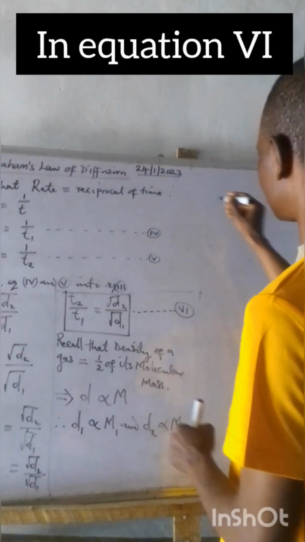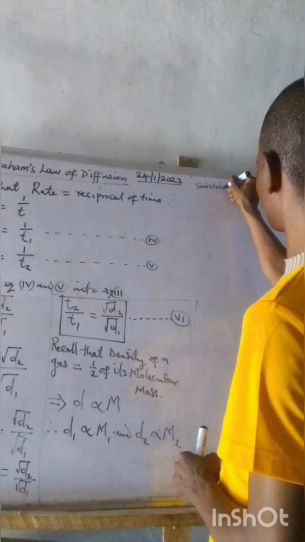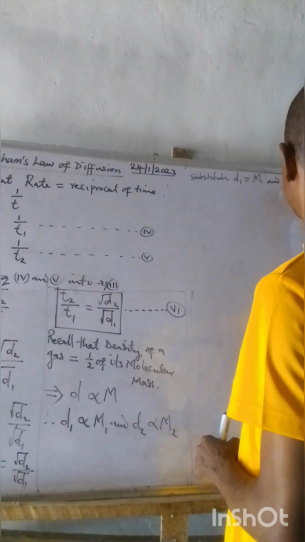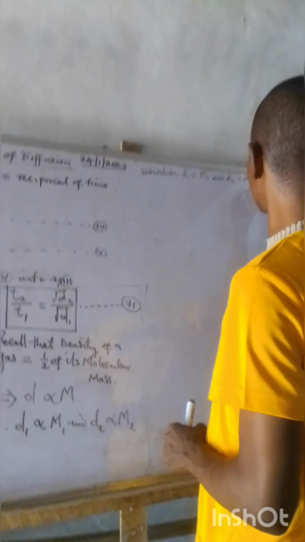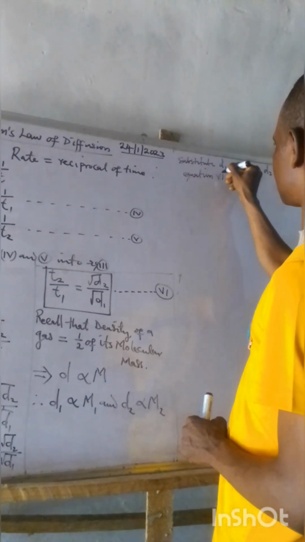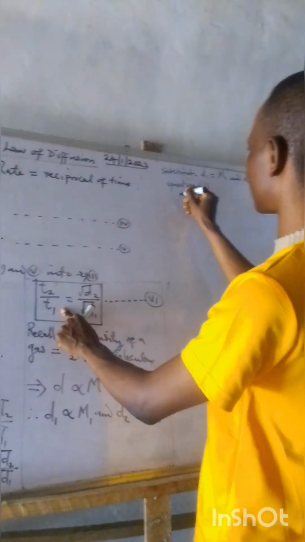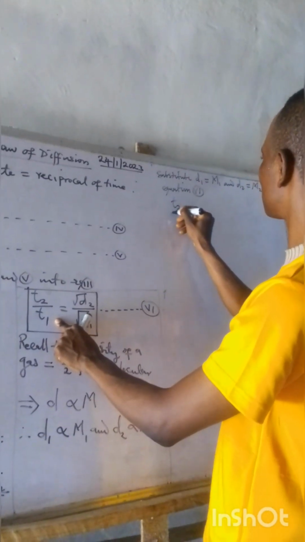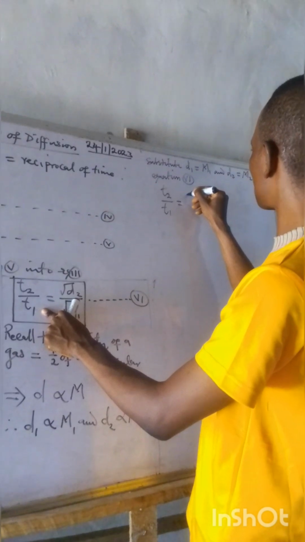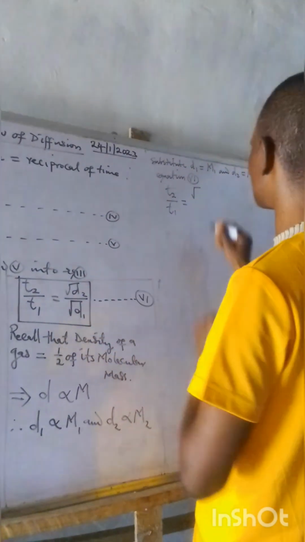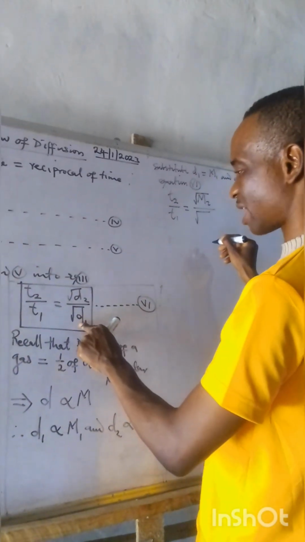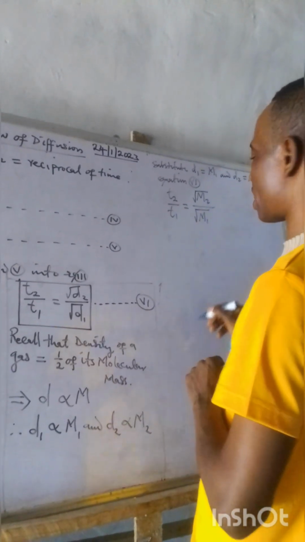We write equation 6 again, which says T2 over T1 equals square root of, instead of writing D2, we write M2 over square root of, instead of writing D1, we write M1.